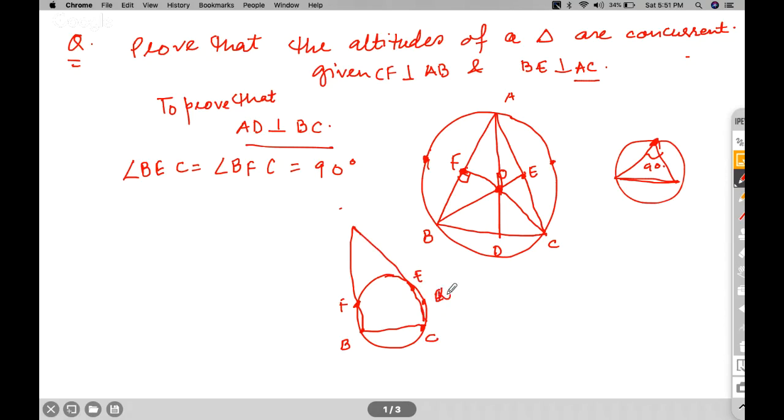This is E. And I'll draw a line from here, because CF is perpendicular here and this is perpendicular here. So what I'm saying is quadrilateral BCEF is a cyclic quadrilateral.